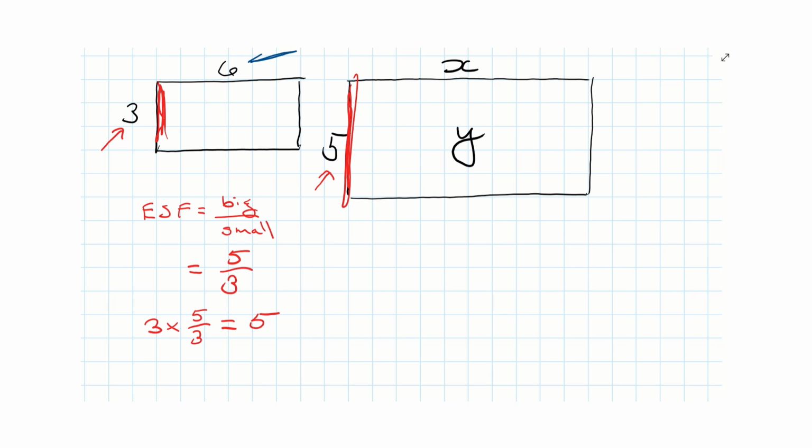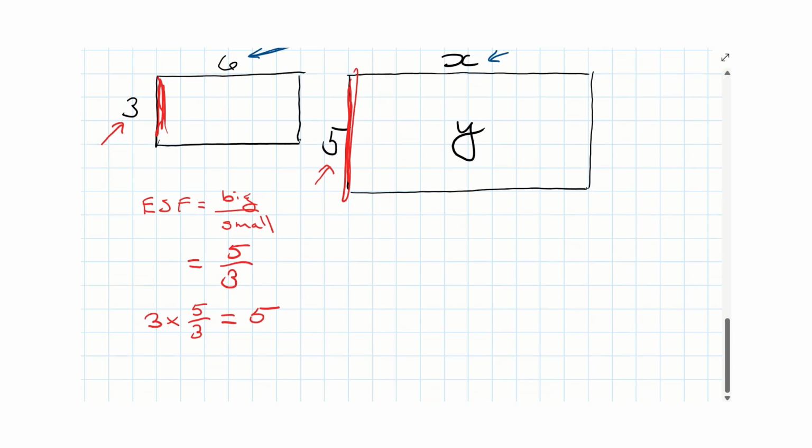I know that I've got 6 meters up here, and I want to find out what x is going to be. So I'm going to take my 6 meters, and I'm going to multiply that by my scale factor. Oops, excuse me. I almost put 5 over 5 there. 5 over 3. And the result is going to be 30 over 3, which is equal to 10.